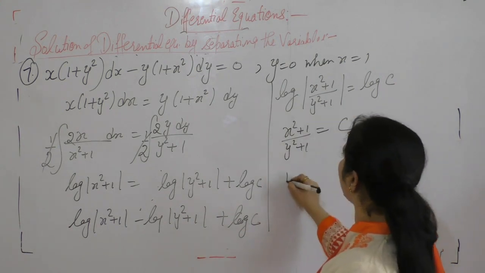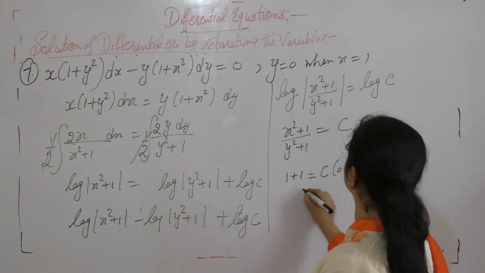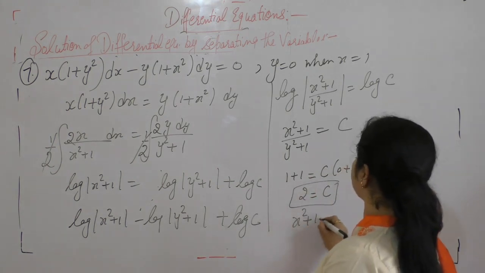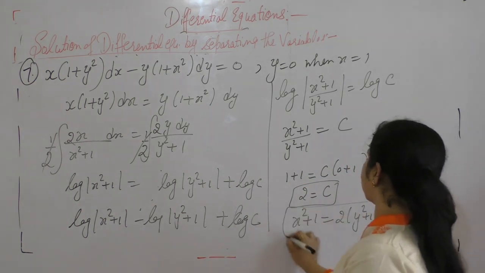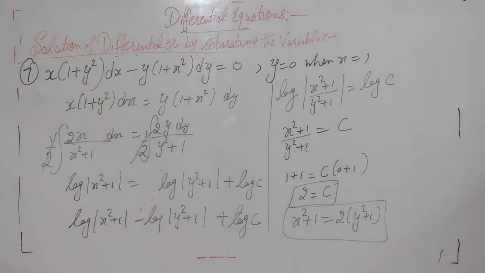Now when x is 1, then y is 0. So we get the value of c as 2. So x square plus 1 is equal to 2 into (y square plus 1).